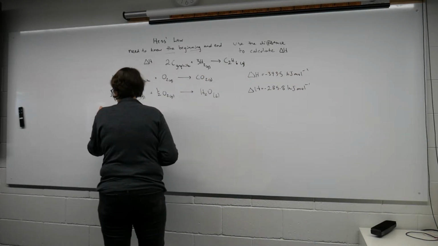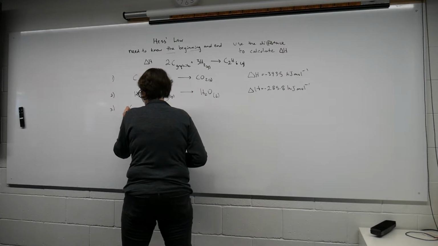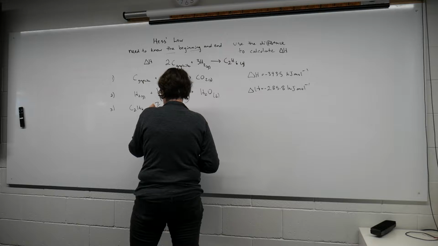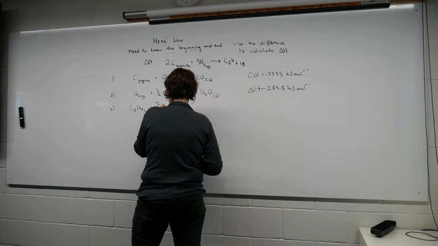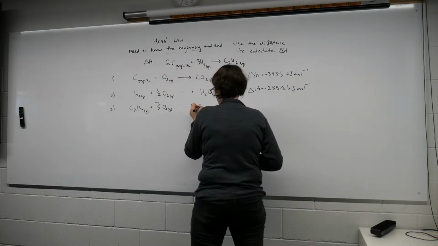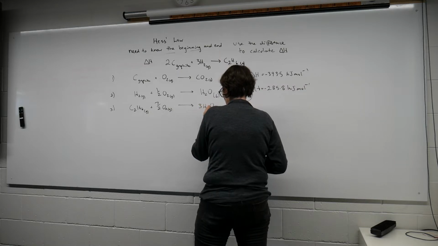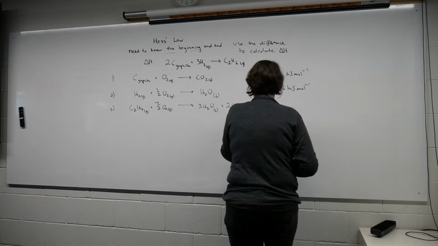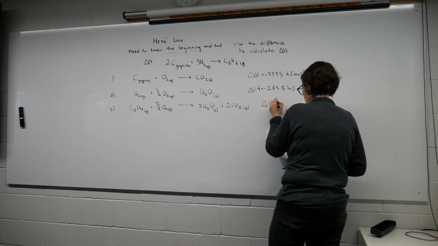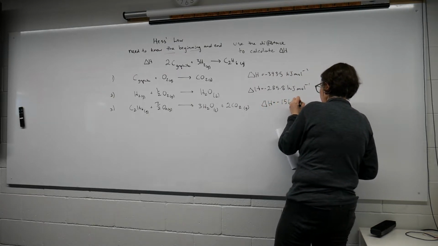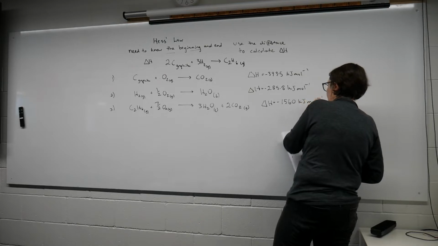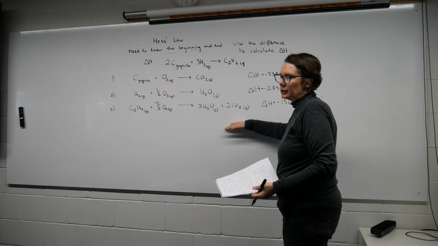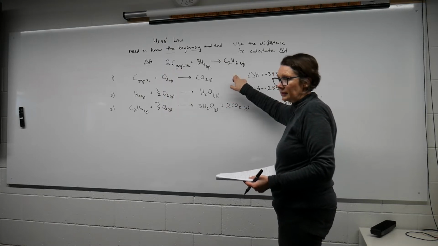And then our third equation. So this is what we want to end up with, and these are the 3 reactions that we need to be able to use to get there.